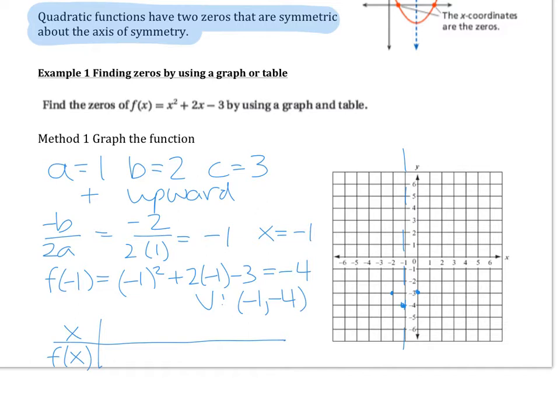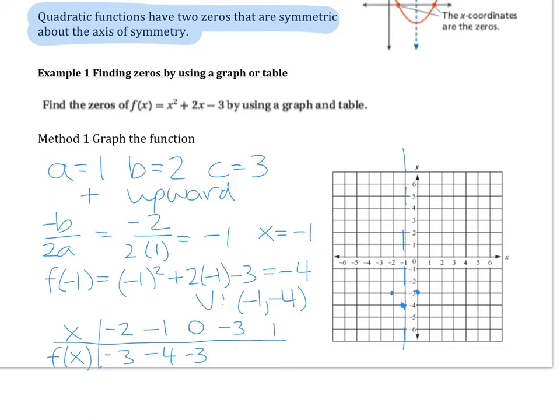And I know at negative 2, it's at negative 3. Negative 1 is negative 4. And we know at 0, it's at negative 3. So I might want to test negative 3 and 1.